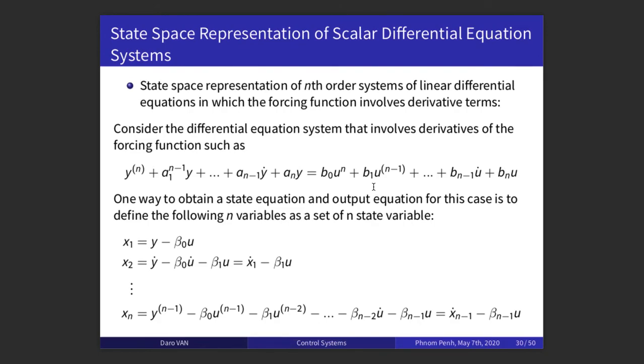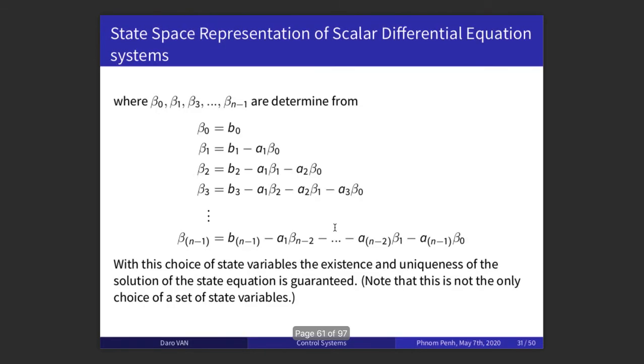The important part is to choose the state and how to represent the state. There are many ways to represent the state, but in this case, we just choose x1 equals y minus beta 0 u, where beta 0 is a constant number equal to b0.